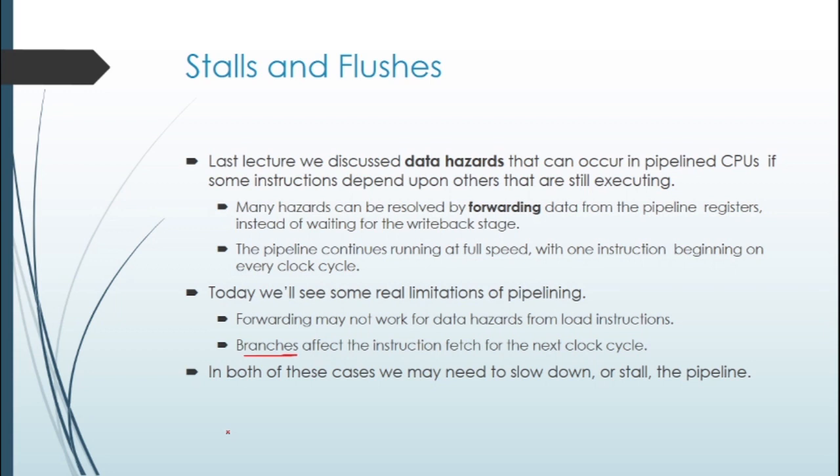Last lecture we discussed data hazards, simple hazards where simple forwarding resolved the problem. The pipeline continues running at full speed without any delay, because forwarding was fine for simple types of data hazards. But if the next instruction depends on the result of a load instruction, the forwarding will not work.